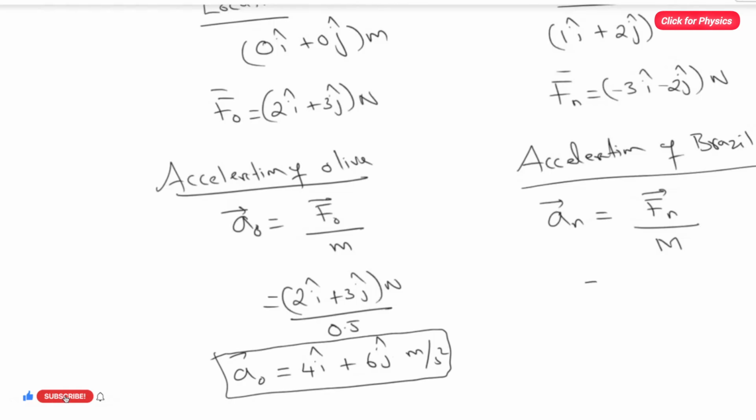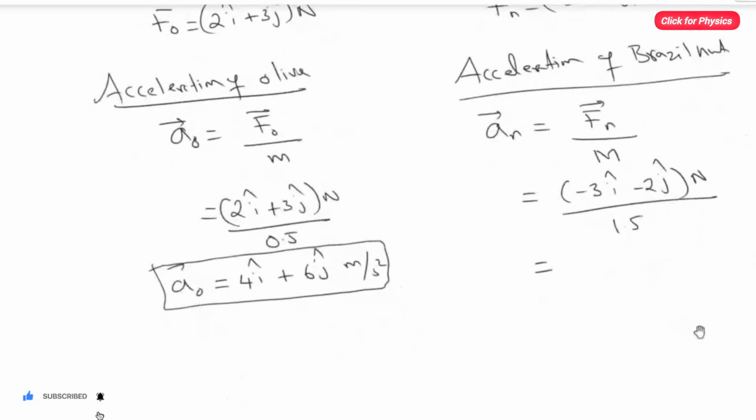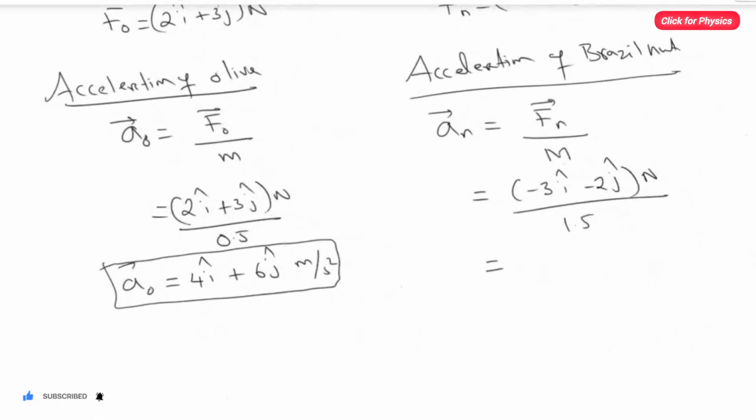Likewise, I have to find the acceleration of the Brazil nut. The force acting on the Brazil nut here is minus 3 i cap minus 2 j cap, its unit is Newton, divided by the mass of the Brazil nut, which is 1.5. Likewise, I have to split this into 2. So minus 3 divided by 1.5, clear?